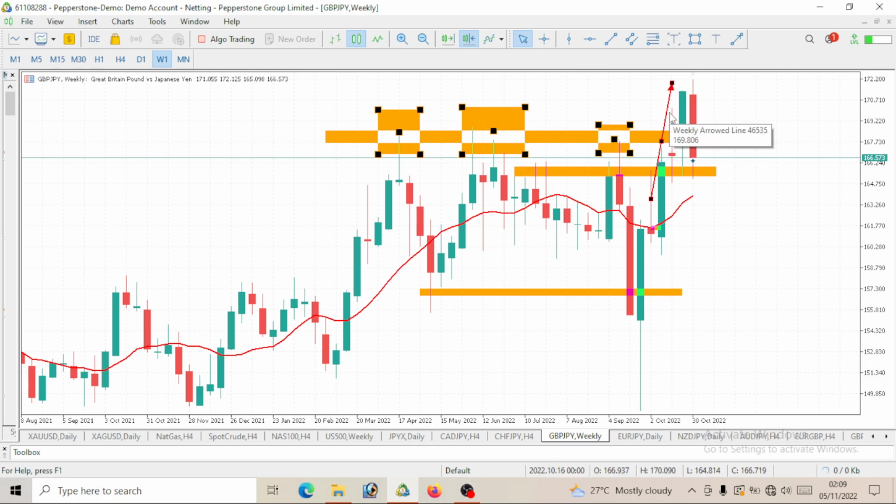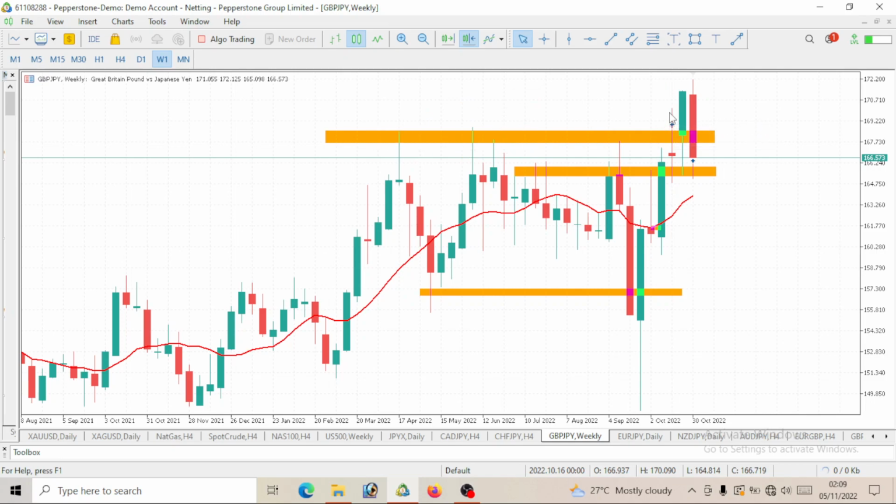Though we would expect it to go bullish. One of the reasons why we want to go bullish is the fundamental aspect of it. We all know about the hike in interest rates. This is one of the reasons why we would be seeing a bullish move on our GBP pairs, due to the BOE, Bank of England, increasing their interest rates. I think it is now at 3%.